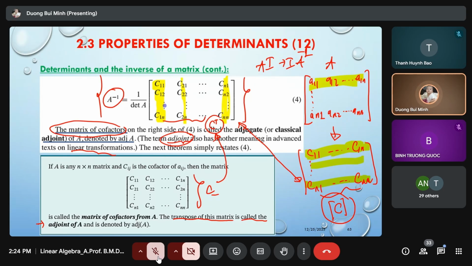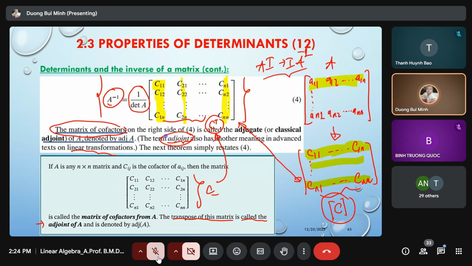So here if we know the transpose of C, you times 1 over determinant of A, you can get the inverse of A. I cannot say this method is better than the other method. No, no, just to give you some ideas.